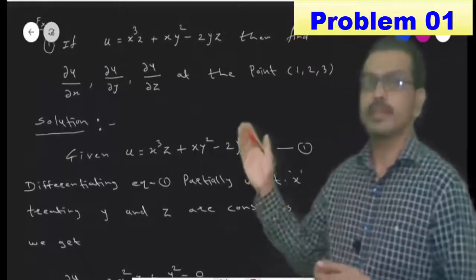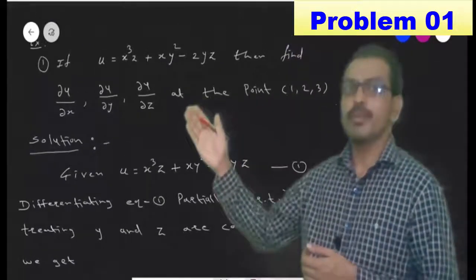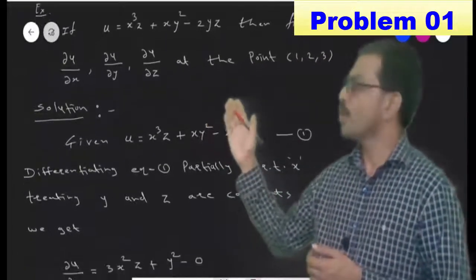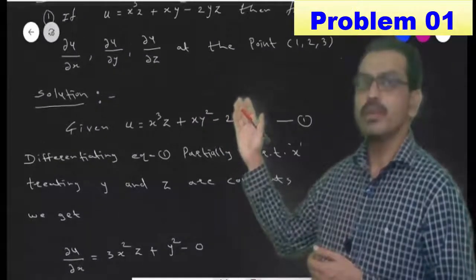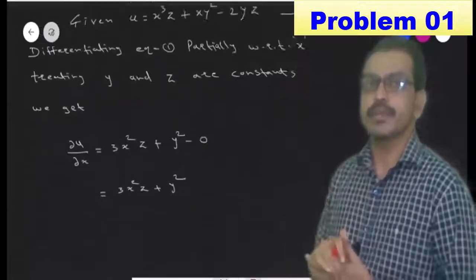Here ∂u/∂x at the point x equal to 1, y equal to 2 and z equal to 3.